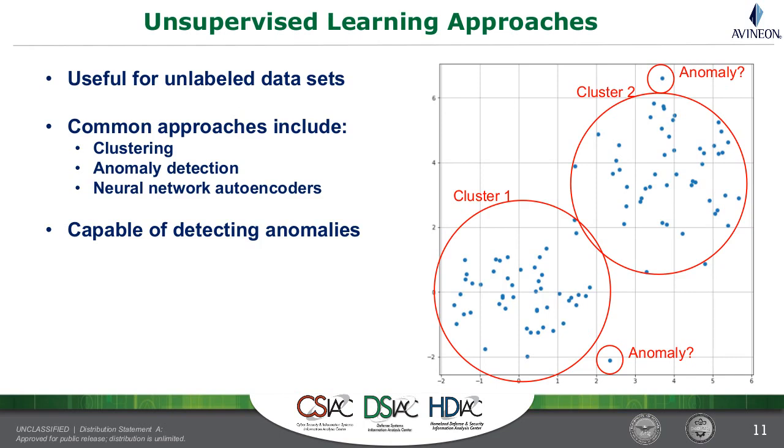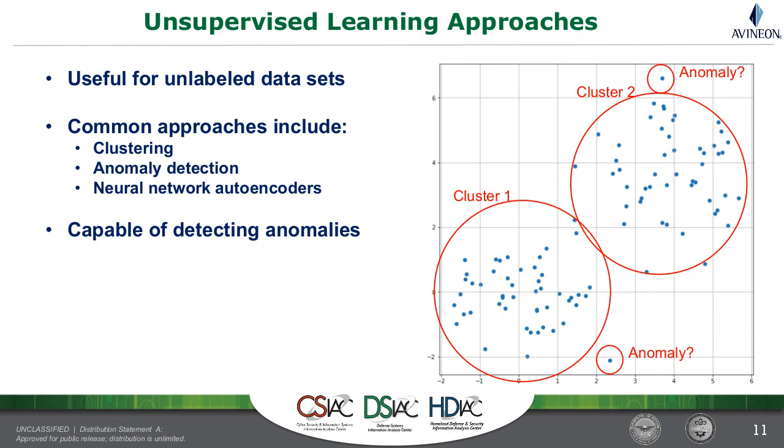An unlabeled data set is one where, for example, in ours, we're not going to tell it, okay, here's an attack and here is not an attack. If you had a lot of that data, then you could use a supervised approach. We're going to only use the unsupervised data, at least in the first phase of this. Like I mentioned, the common approaches are clustering, and we'll talk about neural network autoencoders, which was the type of system that we ended up using.